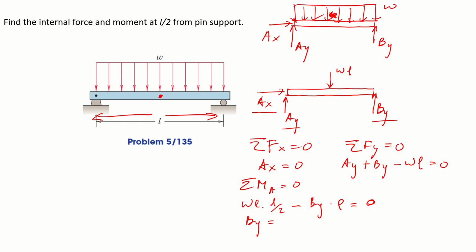By is supposed to be wL per 2. Then substitute this value here, wL per 2. What we will get is Ay is equal to wL per 2 as well. Now we have all the external reaction forces that we need.